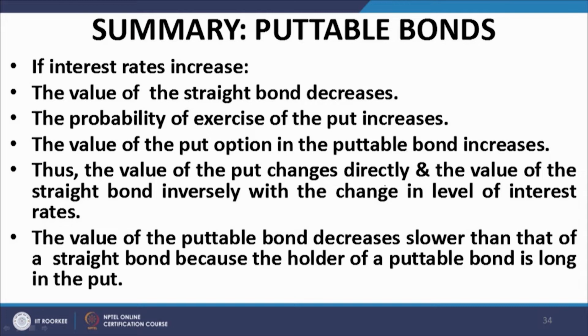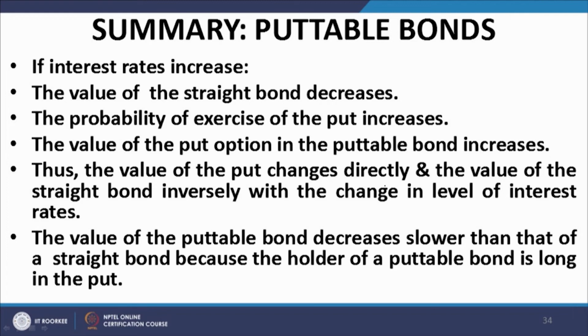Now, for the puttable bond, if interest rates increase, the value of the straight bond decreases, an inverse relationship. The probability of exercise of the put increases. Why? Because the value of the bond has decreased due to the increase in interest rates.